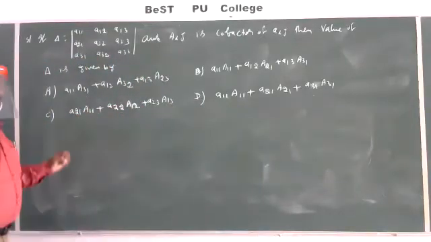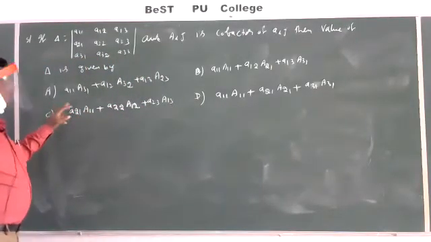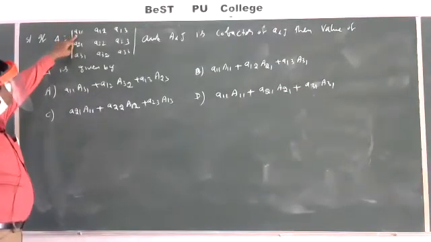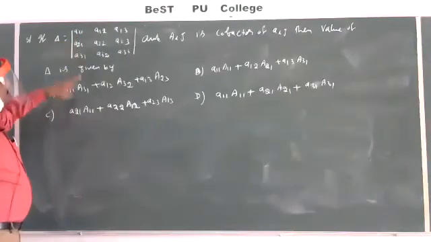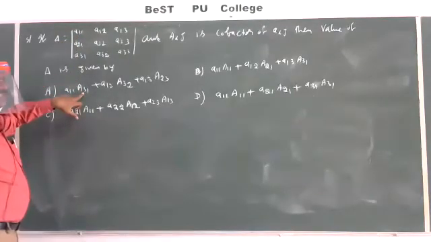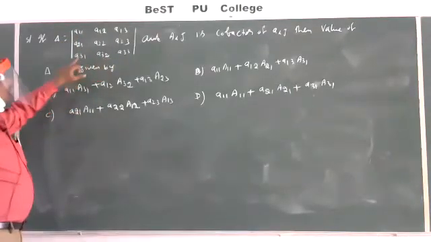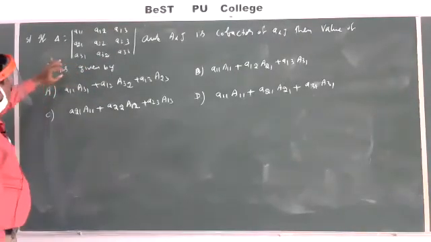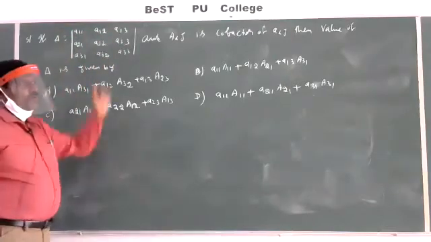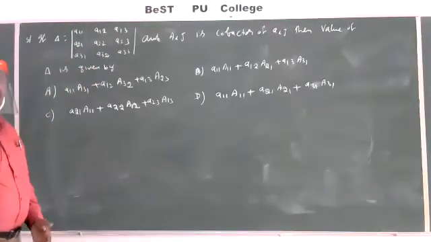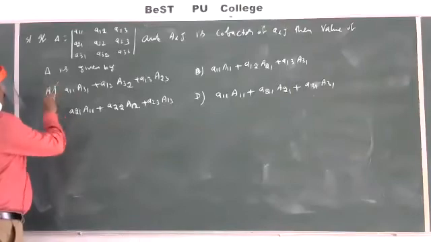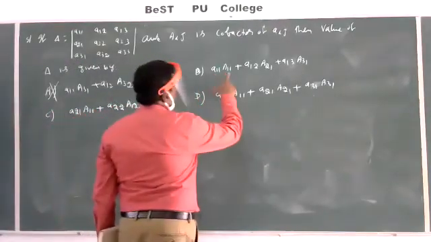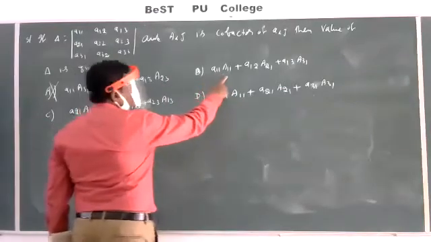Here, if you observe the first option, A11 capital A31: A11 is the first row, first column element, and A31 is the third row, first column element. But the determinant value equals taking the same row elements and same row cofactors, so we can eliminate this one. Next, A11 capital A11 is a first row element with a first row cofactor.